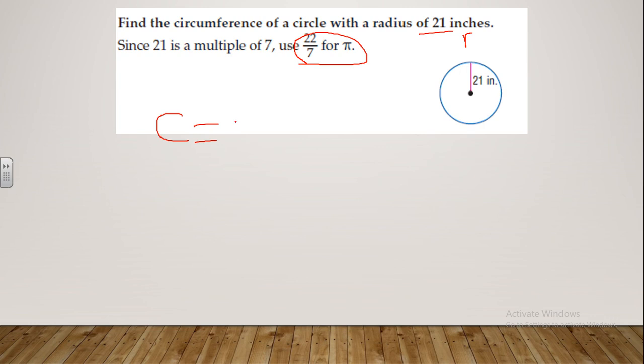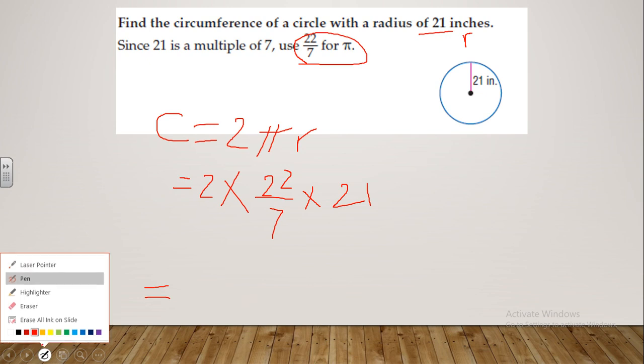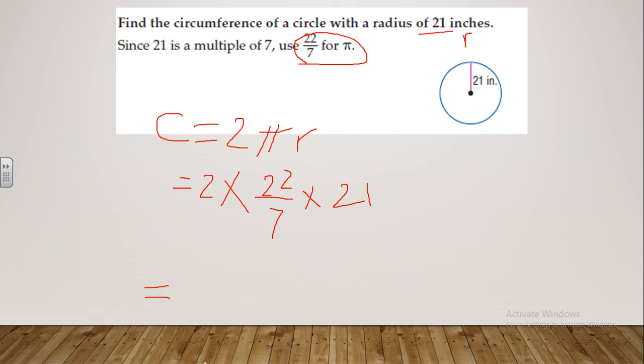Of course, we will use the rule that contains radius because here he gave us the radius. So circumference equals what? 2 pi r equals 2 times the pi here, 22/7, times 21 equals what? Well, to find the answer in an easy way, we can simplify.